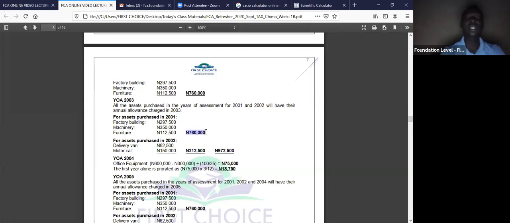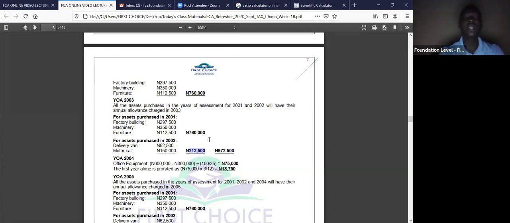Now for asset bought in 2002, this was the figure we got before we prorate in 2002. So this was the full figure, and this was also the full figure we got before we prorated, just like we did this. So when you add these two together, it gives you 202,500 as your annual allowance for assets bought in 2002.